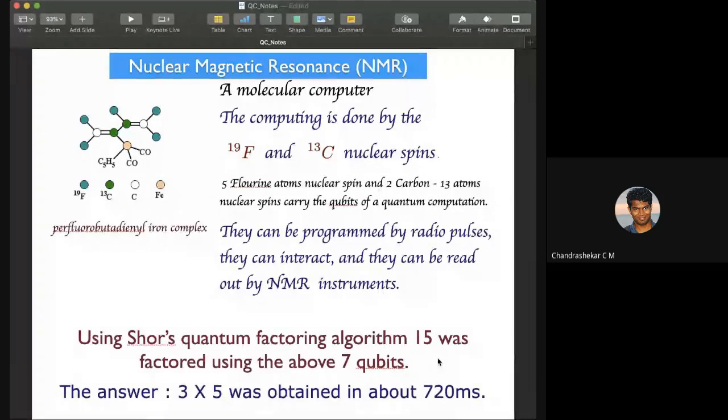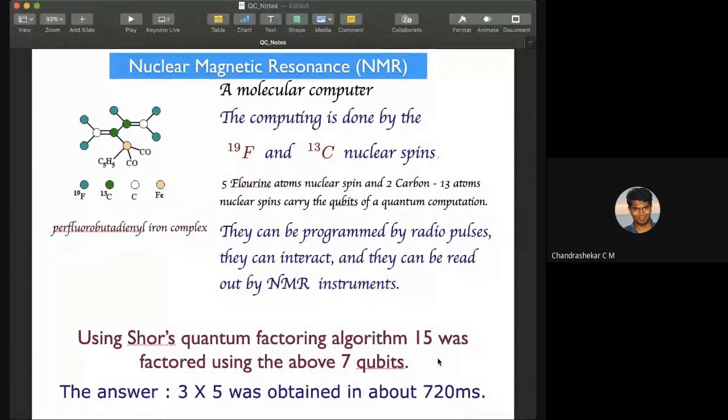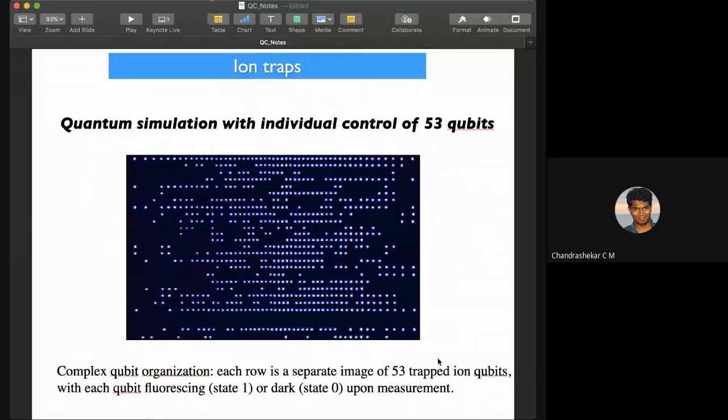It means that you can't find a really large, complex molecule for which you can design and do operations. So you need to have a very limited approach, what we call a prototype approach. But it helped in implementing most of the early algorithms, and say that quantum computers can be built. So next is an ion qubit.